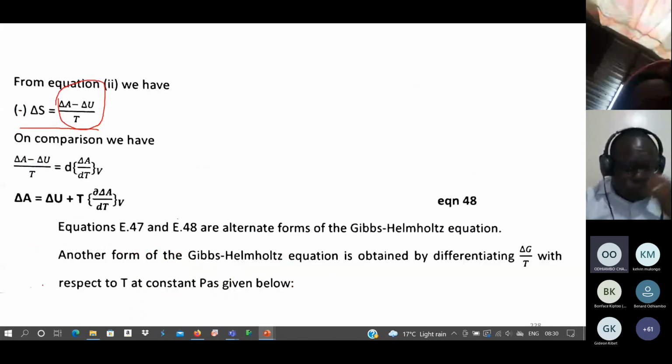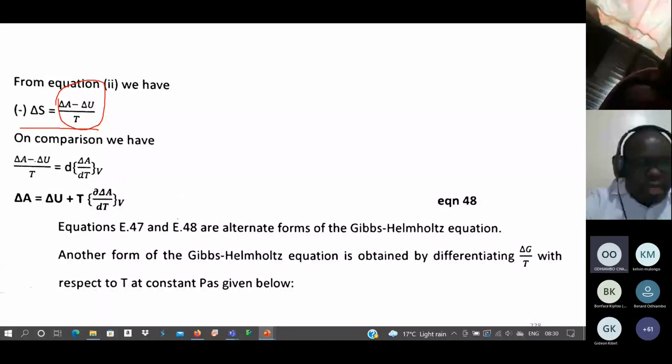So when you compare the two, we get change in A minus change in U over T equals d(change in A) over dT at constant V.